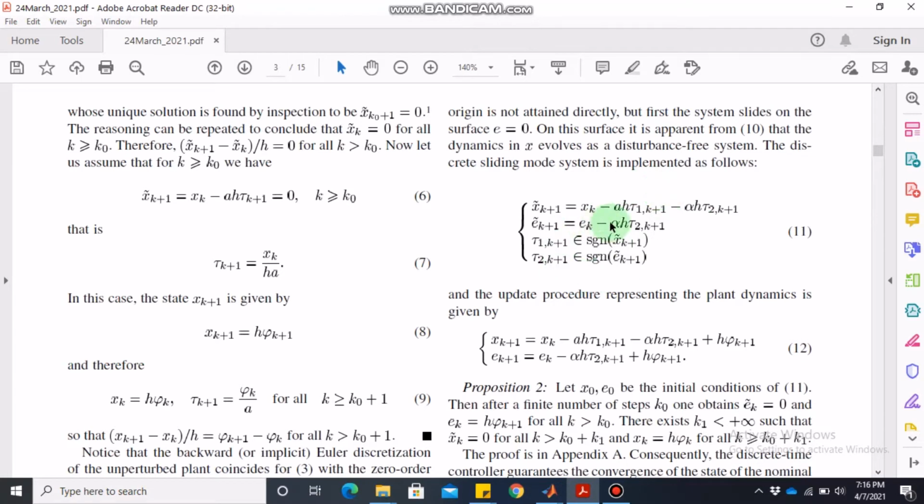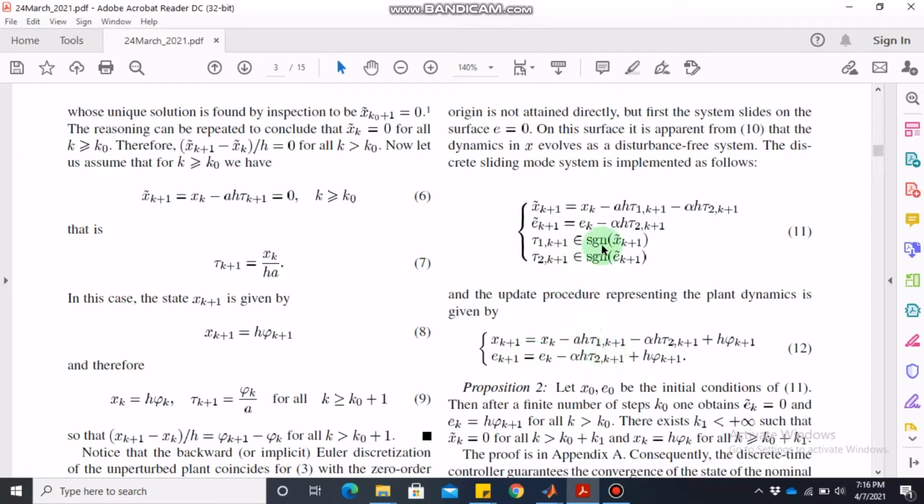If you look into equation 11, then you can see that x tilde, again these two are intermediate variables which are used for xk plus 1 and ek plus 1.